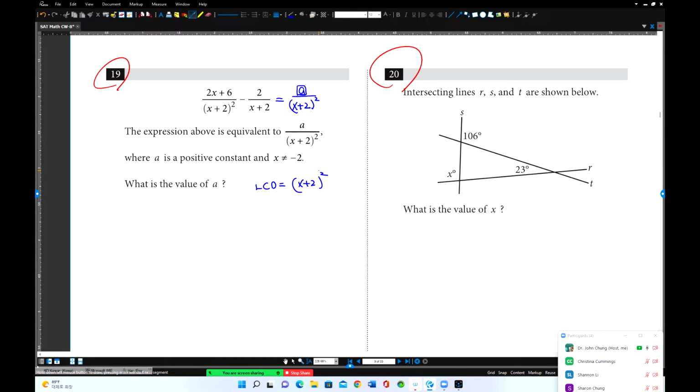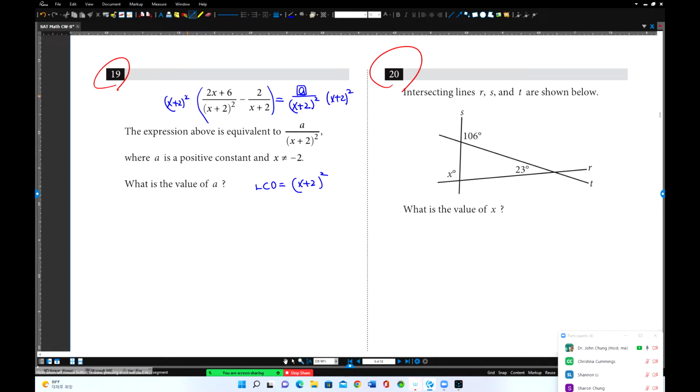Or you can multiply this LCD to all the terms. It's okay too. Okay, maybe we're gonna try this one, multiply by the LCD. So from here you multiply what? x plus 2 squared, times x plus 2 squared. It's the same thing, but a little simpler form there because the denominator is out.